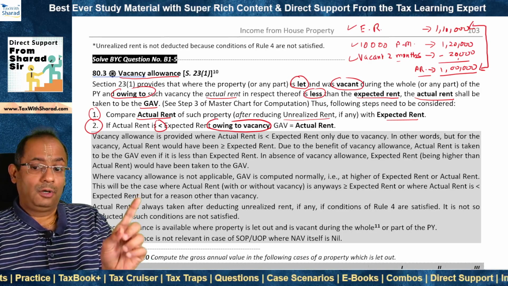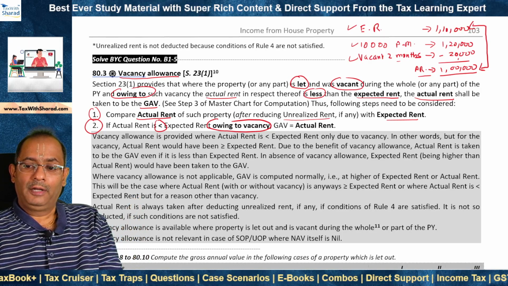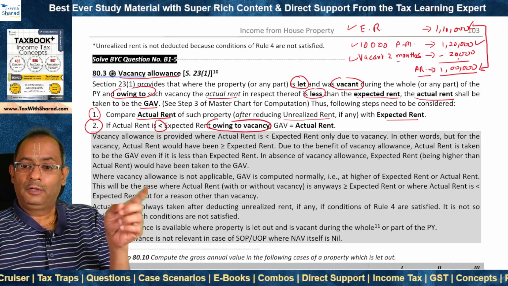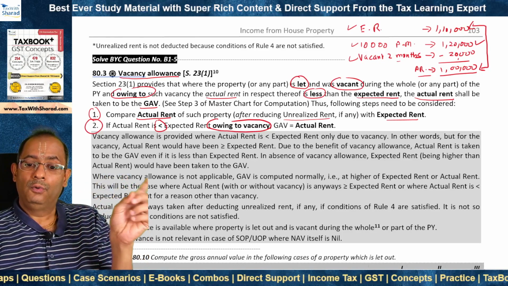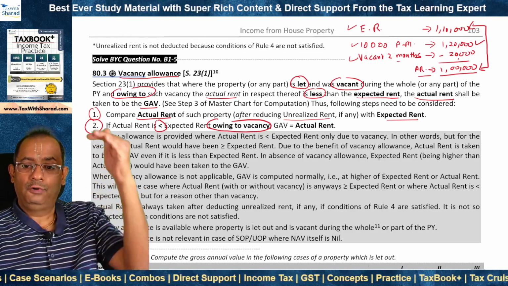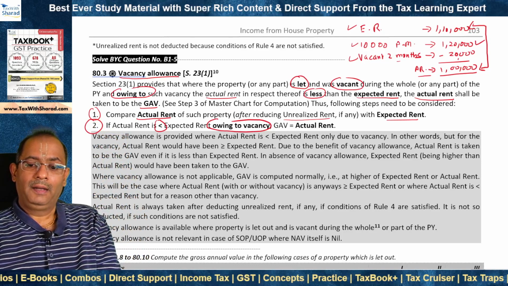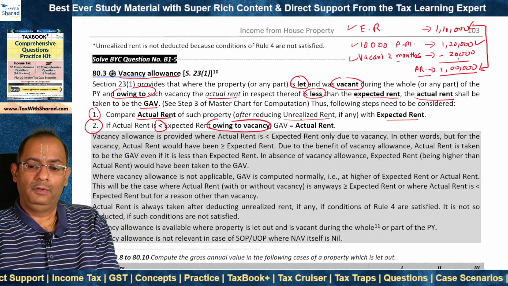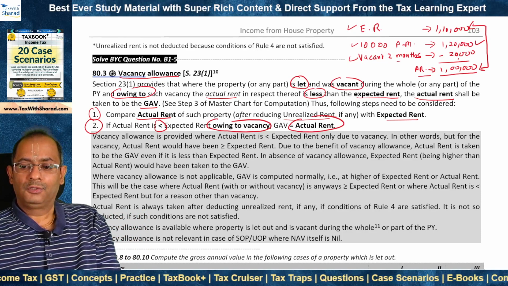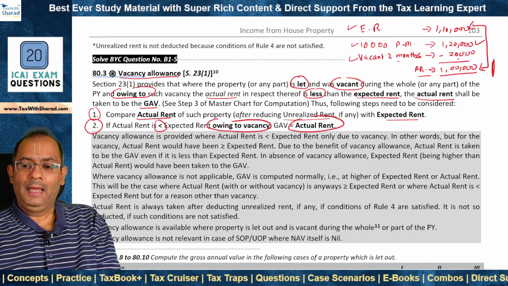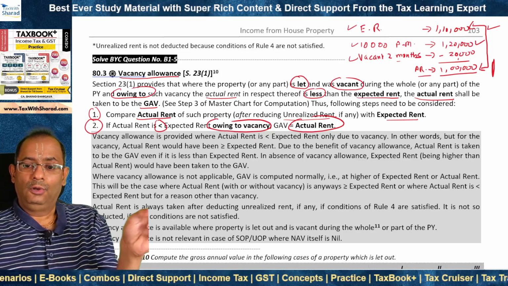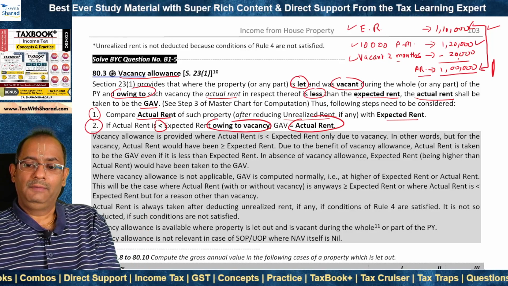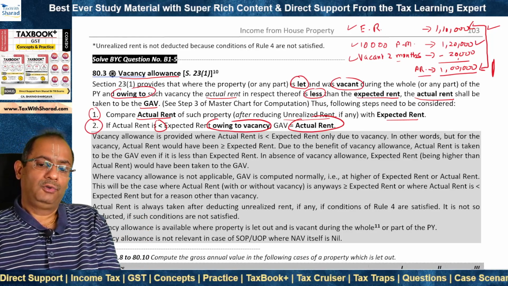If vacancy was not there, then the actual rent would have been 1,20,000, which would not have been less than expected rent. So only owing to vacancy, the actual rent falls below expected rent. In such case, vacancy allowance will be available and gross annual value will be actual rent. So gross annual value will be 1 lakh rupees actual rent. So the normal rule will not apply and the GAV will be taken as the actual rent.